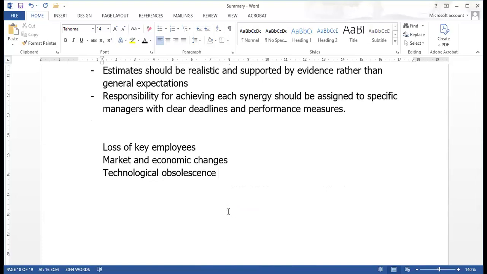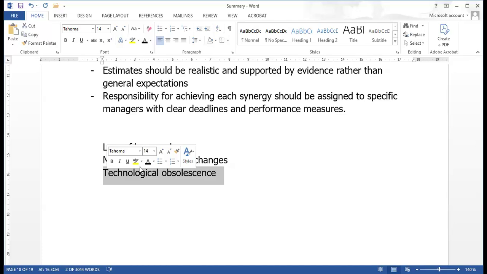Now, when you look at technological obsolescence, you are talking about issues like reservation systems, accounting systems, software, security systems, or other hotel facilities that may become outdated shortly after the acquisition.